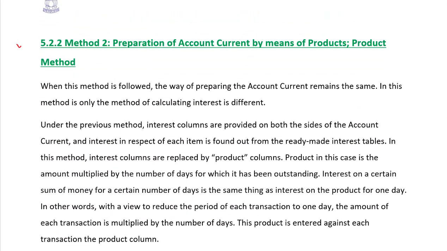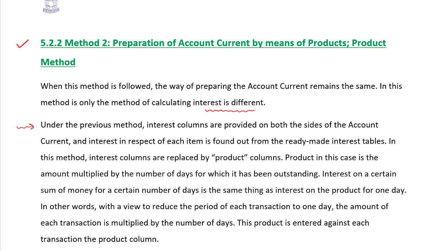Second method, preparation of account current by means of product method. When this method is followed, the way of preparing the account current remains the same. In this method only the method of calculating interest is different. Under the previous method, interest columns are provided on both sides of the account current, and interest in respect of each item is found out from the ready-made interest table.